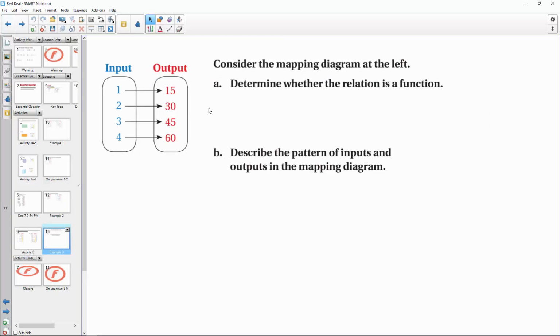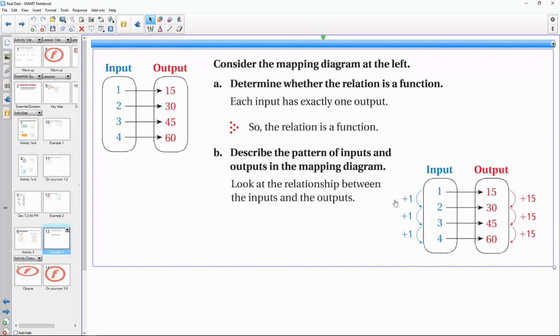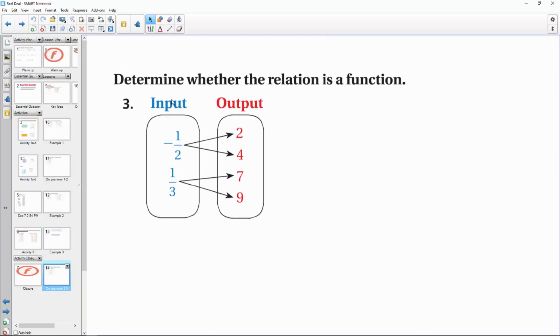So first of all, is this a function? It has a 1-to-1 correspondence. That's good. It's going up by 15 each time. And the inputs are going up by 1. This one here, to determine whether the relation is a function, if I look here, this input has 2 outputs, right? So this is not a function.